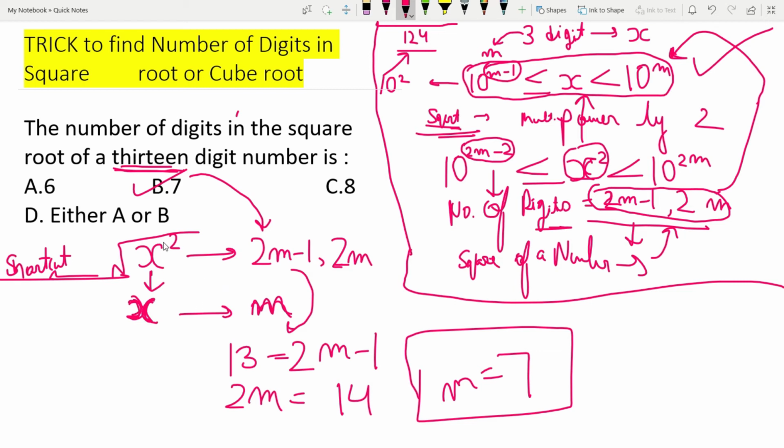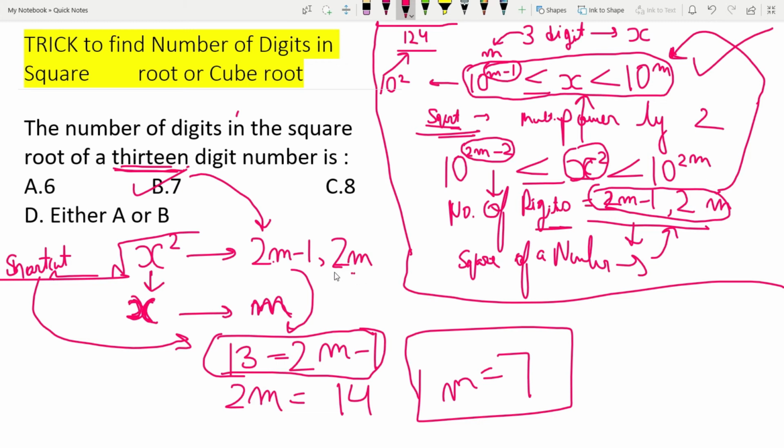For any square, the number of digits is 2m minus 1 or 2m, so you fit the number of digits in either 2m minus 1 or 2m. You come directly to this step. This is the shortcut to solve any kind of question in which the number of digits is asked for a square root or cube root.